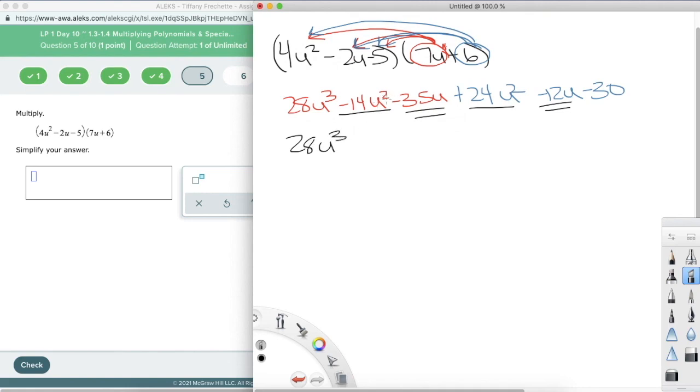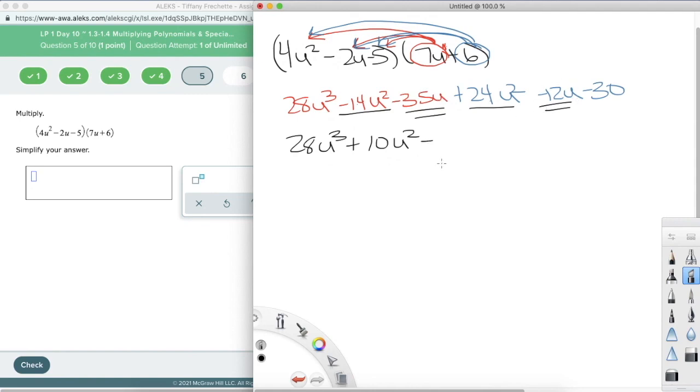So it's negative 14 and positive 24. They're opposites, so I'm going to subtract. And then I will let the bigger number decide my sign there. So it's going to be positive u squared. And then I have negative 35u and negative 12. Those are both negatives, so now I'm going to combine them.